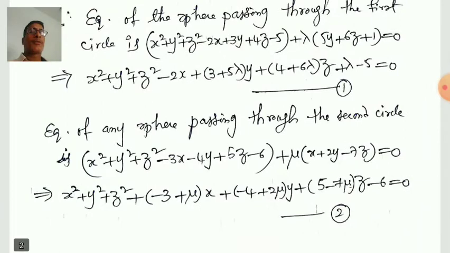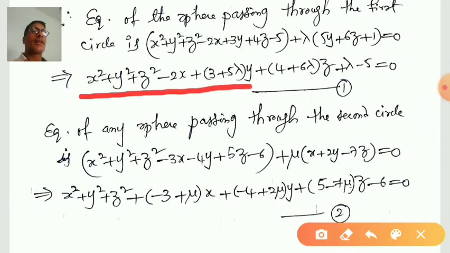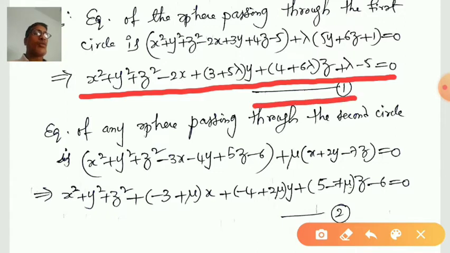On simplification we will get like this. By taking x terms, y terms, z terms common, we will get like this. This is equation number 1.